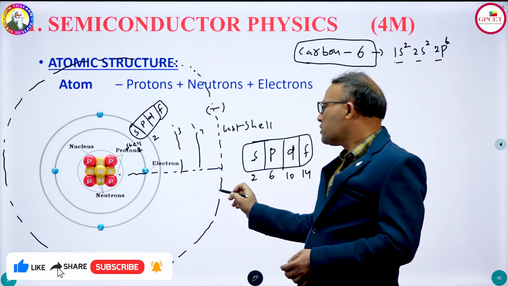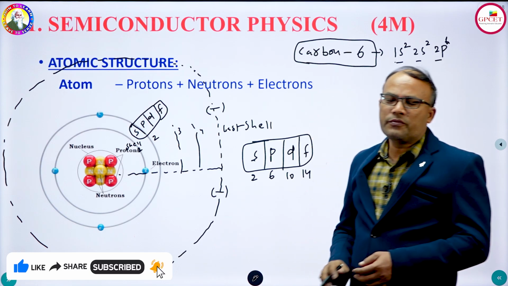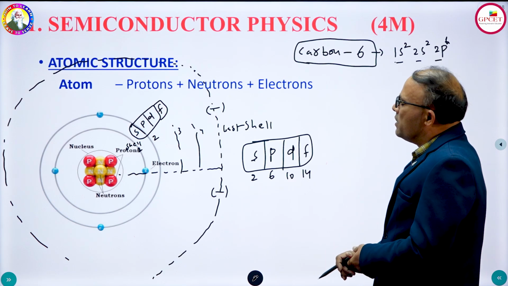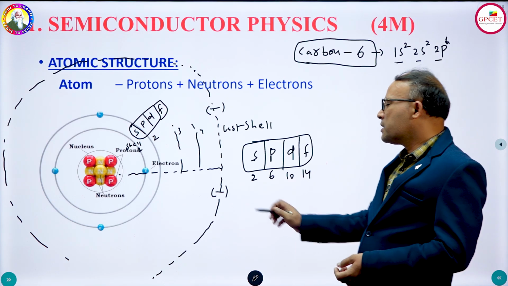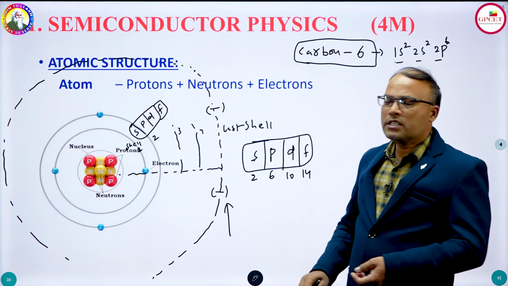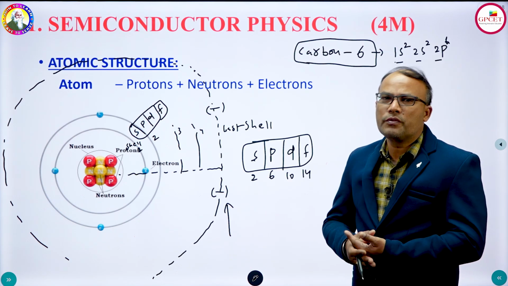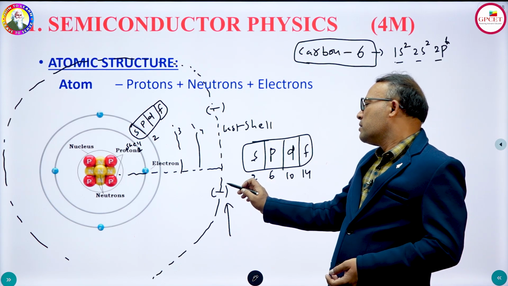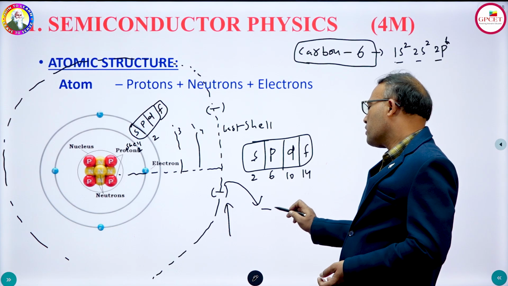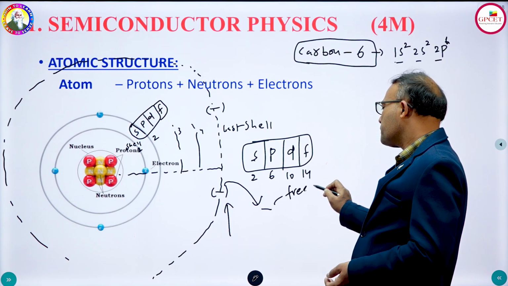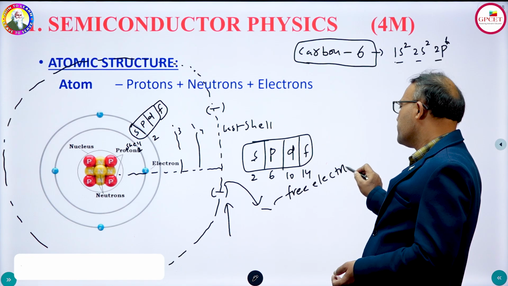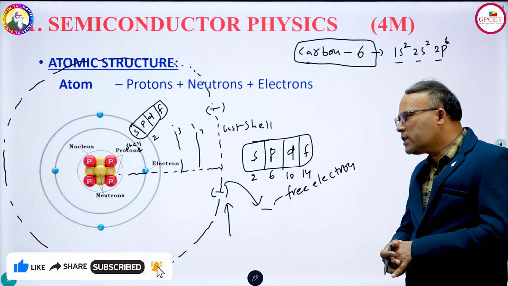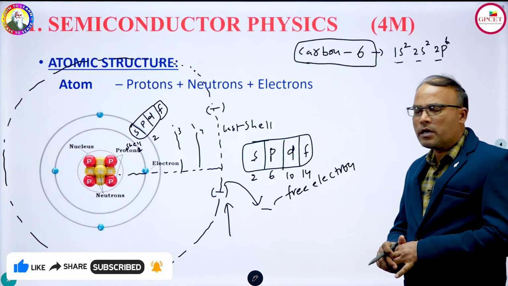This electron is loosely bound to the nucleus because it is farther away from it. So if external energy, such as sunlight, is given to this electron, it immediately takes the energy from the external source, breaks away, and becomes a free electron, because it is no longer attracted by any nucleus.